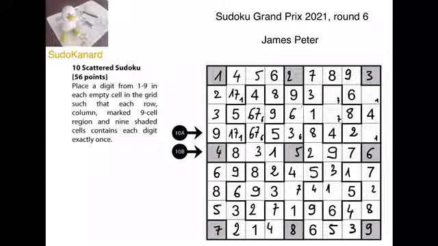And this resolves the 6, 7 pair. Oh, sorry, 7 here, 6 there. It pushes the 7 here. And I get this 2, this 1, this 7, and finally this 1 and this 5.